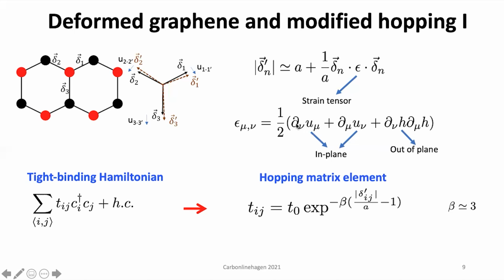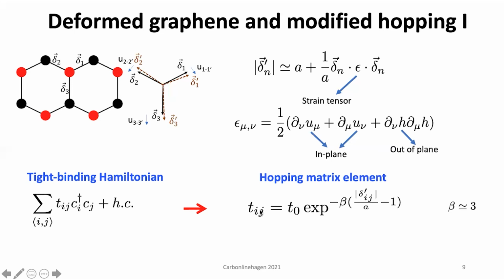with the letter H. So, because now the distance between the atoms is different, the tight-binding Hamiltonian will not have the same hopping matrix element, the same hopping coupling between any two sites. Now the hopping will depend on which sites I am connecting. So that's why the hopping acquires this ij subindex.